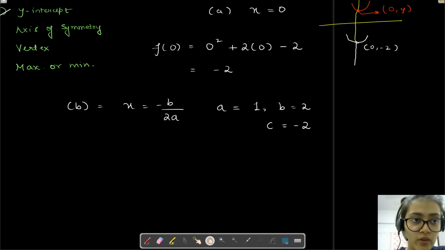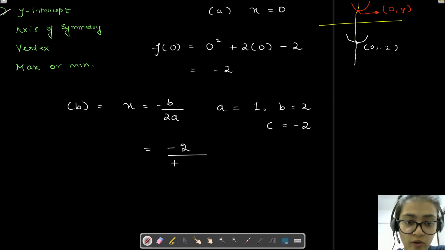So x equals negative b over 2a is going to be negative 2 over 2 times 1, which is nothing but negative 1. So the equation of the axis of symmetry is x equals negative 1.